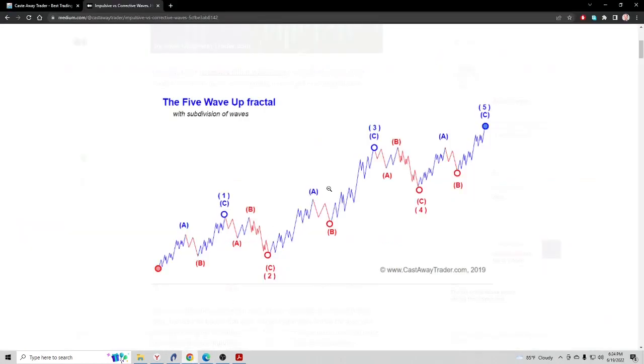Let's come back to that same fractal, 5 up, 3 down, 5 up. This is what we got, and this is why I think we are not going to see higher highs over the top made in January 2022.